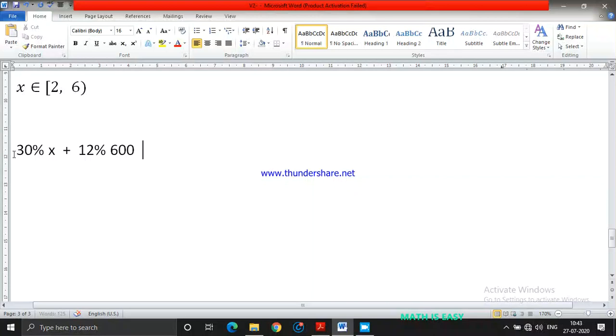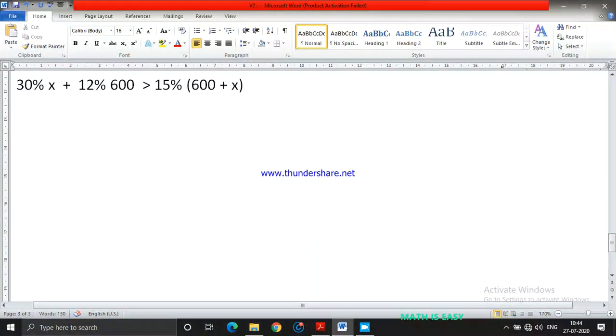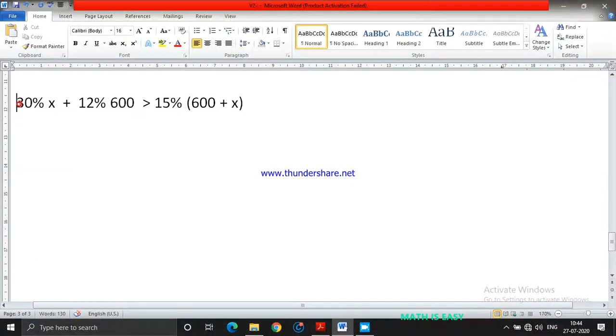So 30% of X plus 12% of 600 is the amount of acid, and it must be greater than 15% of the total solution, that is 600 plus X. So this will give me the total acid in the given solution.